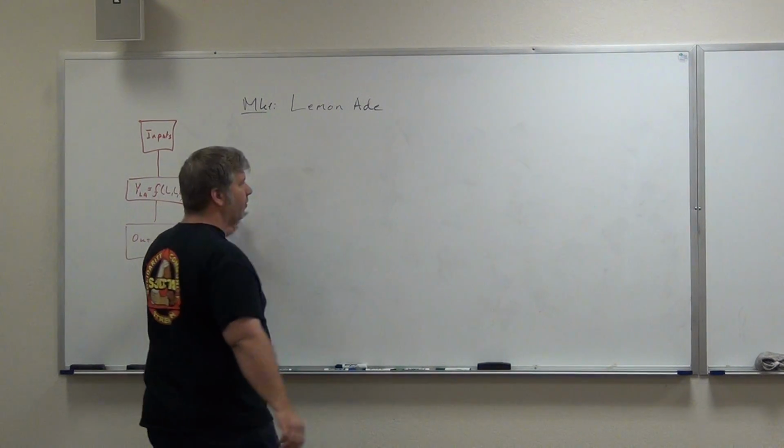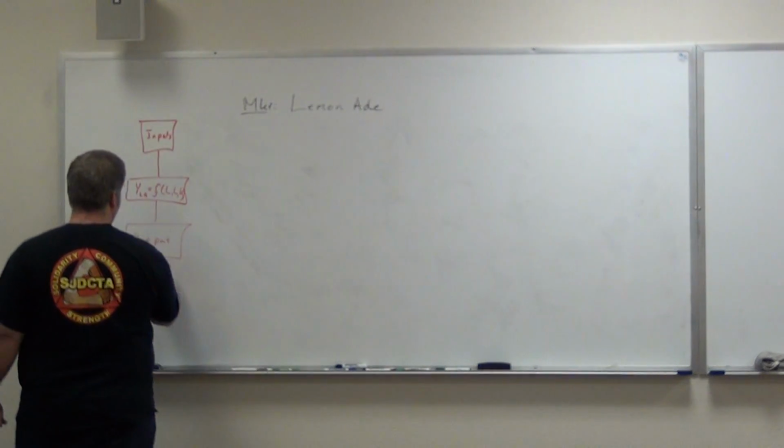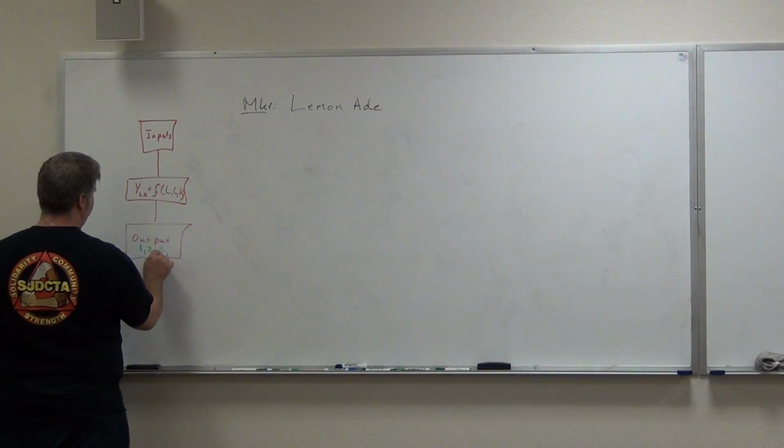So now, what we want to go towards is, we've got this, and we've got different output scenarios. So we've got output 1, output 2, output 3, output 4.